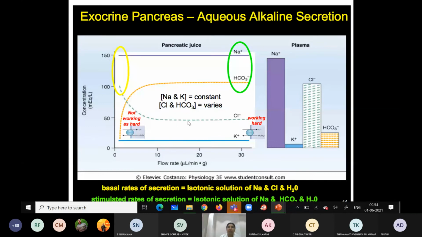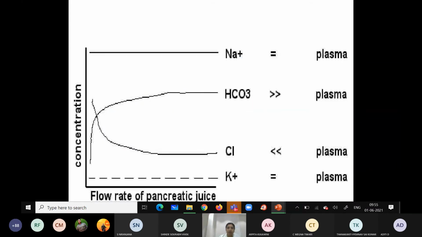During the resting state, the chloride concentration is highest, but bicarbonate is lowest. But as the flow rate increases, there will be an increase in bicarbonate concentration and a decrease in chloride concentration. Okay. So this is the graph which tells you there is a modification in the secretion of pancreatic juice along with the flow rate.